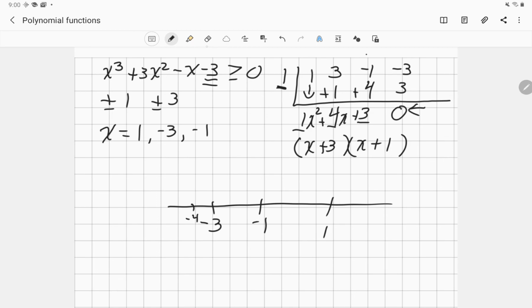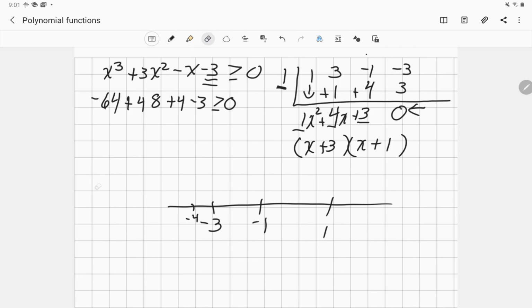And I'm going to put that back into my equation. So -4 cubed is -64. -4 squared is 16. 16 times 3 is 48. Minus -4, so really +4, minus 3 is greater than or equal to 0.